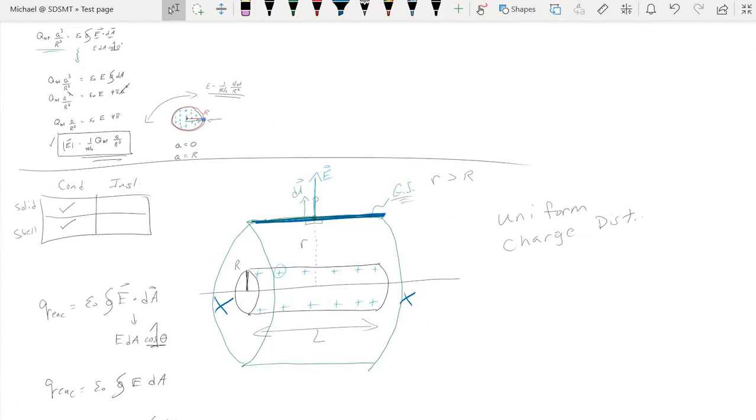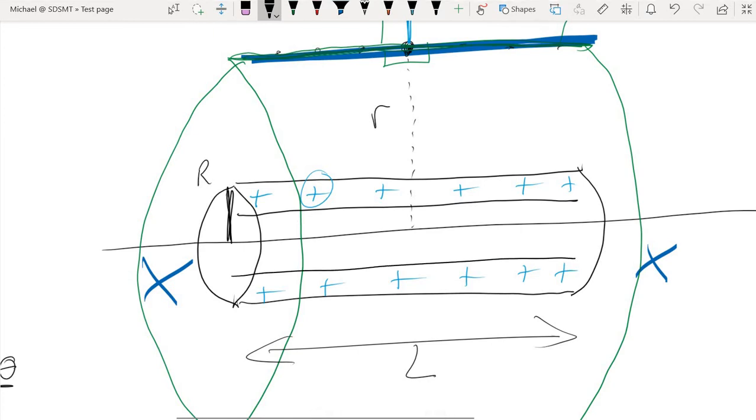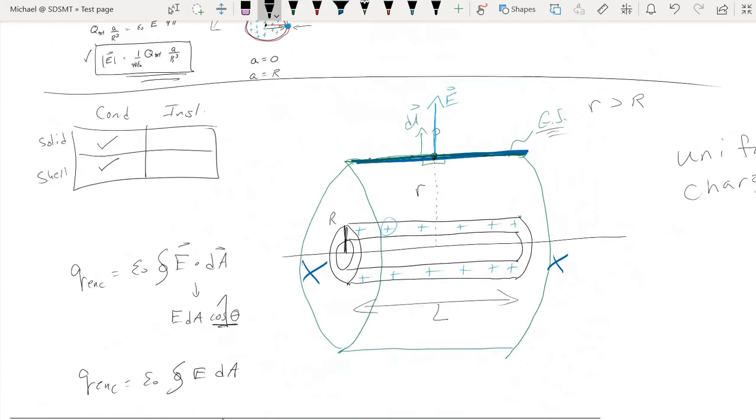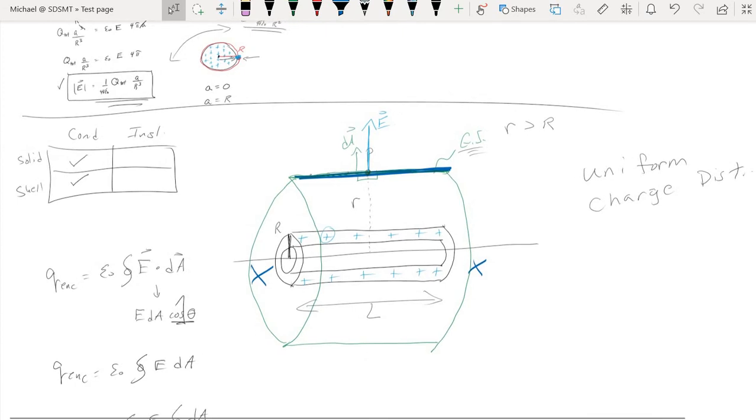Well, for a conducting shell, this would just mean that there would have to be a hollow portion of this cylinder. But that doesn't change the fact that all of the charge still needs to spread itself out over the surface of this conducting material.